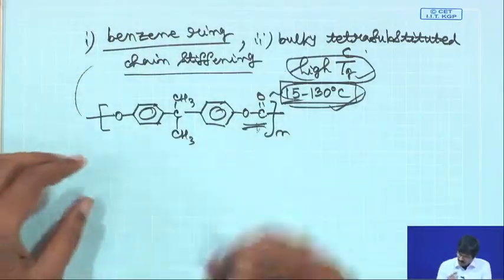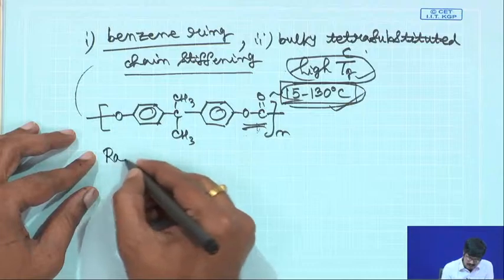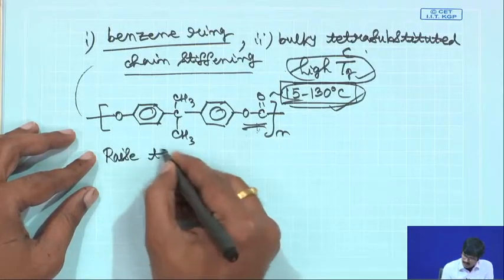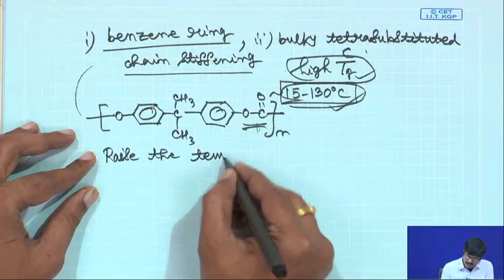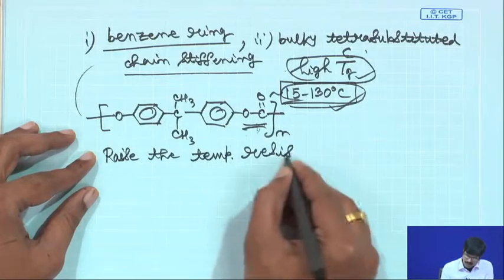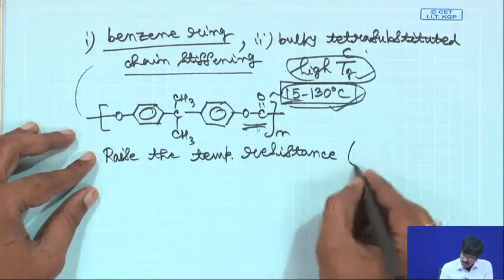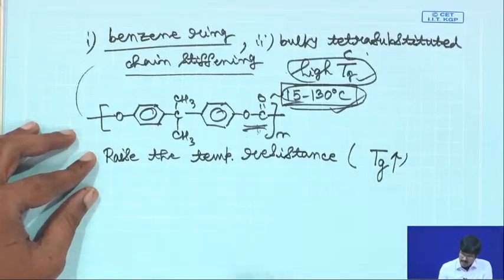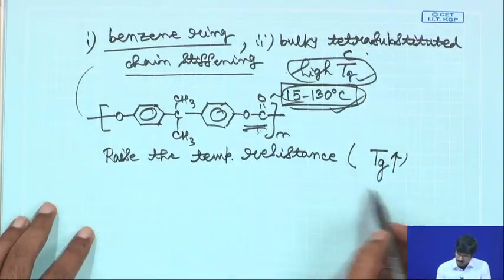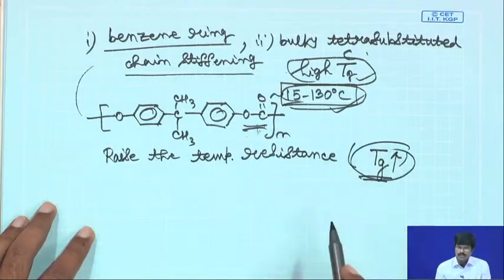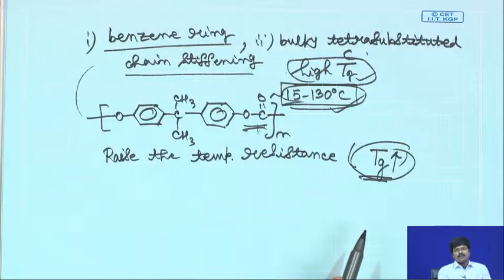The first thing that comes to mind is that we would like to raise the temperature resistance, which means we would like to raise the glass transition temperature. That would mean that over a higher range of temperature your properties will be preserved, but we also need to keep in mind that your material should have good impact strength and transparency in this new situation.